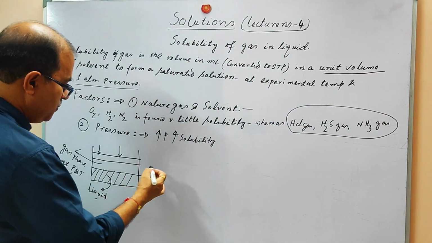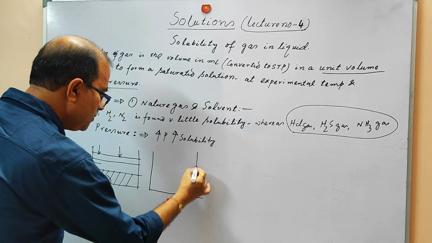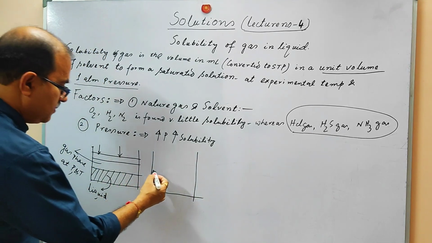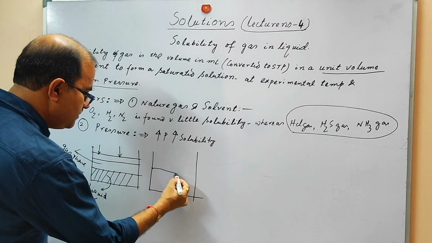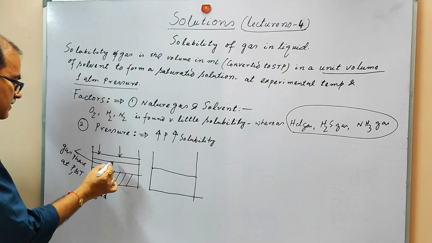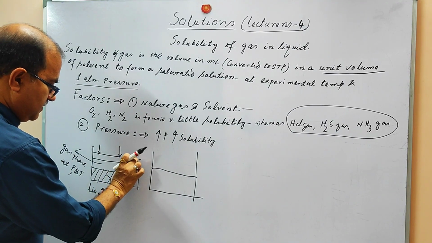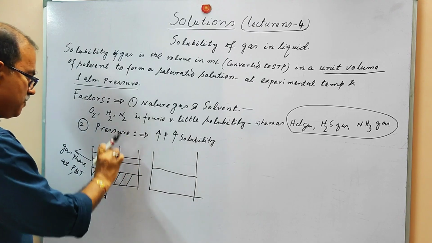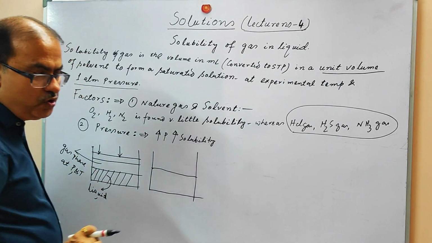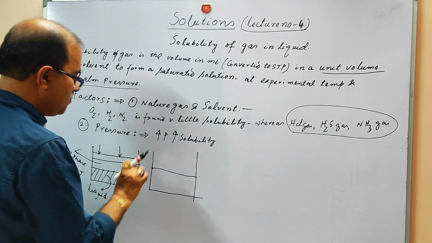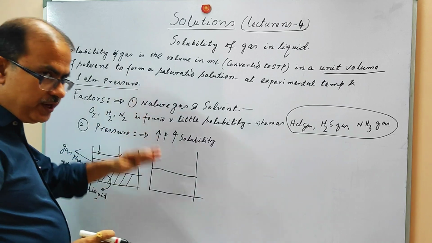Now what we are going to do is some experiment. We are changing the volume of the gas. We are pressing the gas by reducing the volume, increasing the pressure on the gas, which is done by making some weighting arrangement.